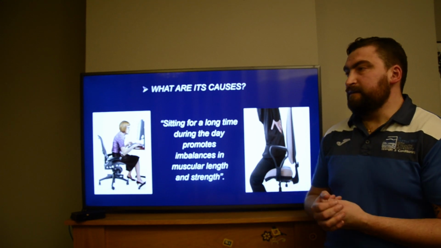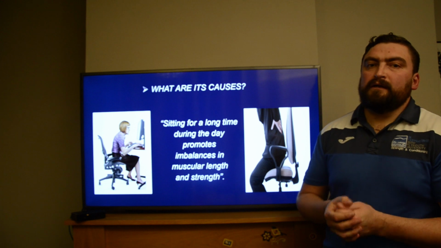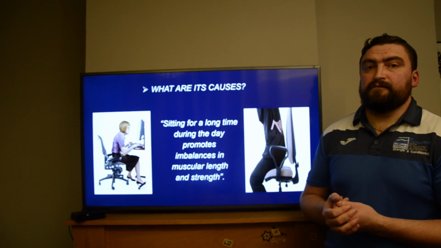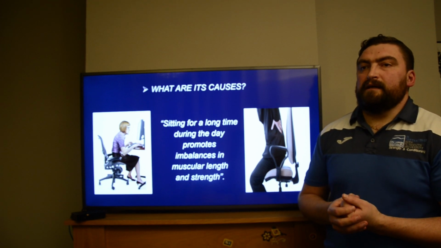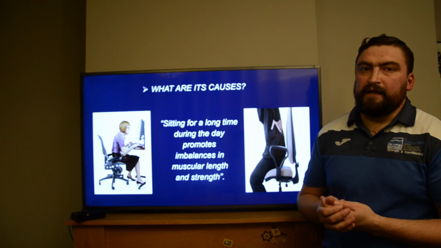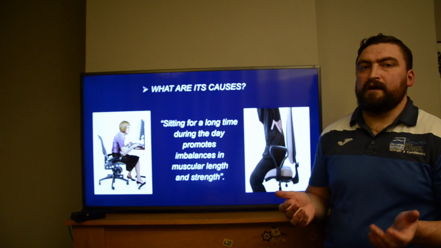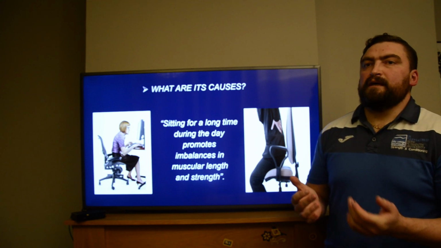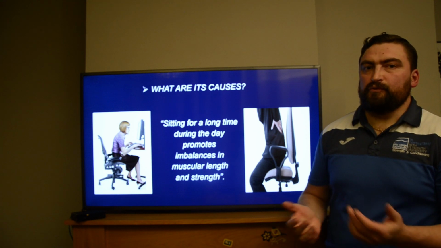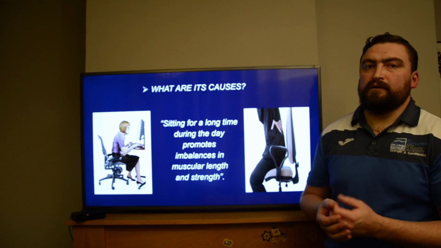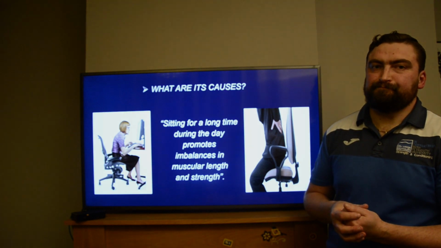Also it could affect athletes as well, for the same reason I've just mentioned. Another reason could be their sport specifics. They could spend a lot of time on the court, on the pitch, in a position which could potentially lead to muscle imbalances.